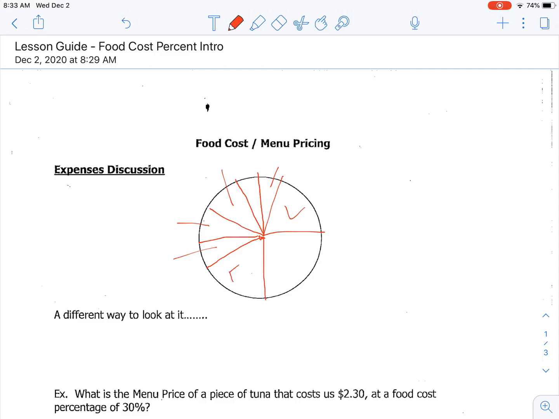One item is the cost of food, the cost of food that we buy to make for other people, the cost that we pay our suppliers for the food. And then the last section, and this is the one that everybody always forgets, is our profit. You have to think of your profit as an expense in your business, or you can often lose sight of making a profit. Okay?